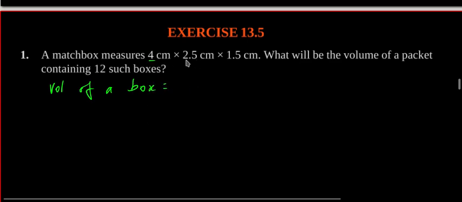Each and every measurement, length, breadth, height, is different. It is not the same everywhere, so definitely it is a cuboid. In case of a cuboid, what is the volume? LBH cubic unit.